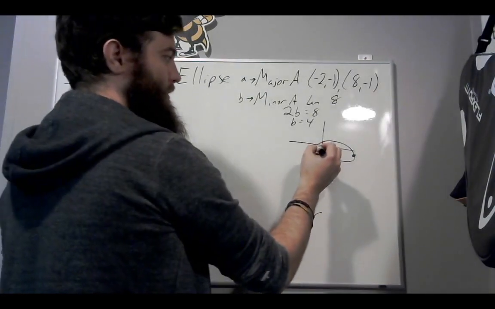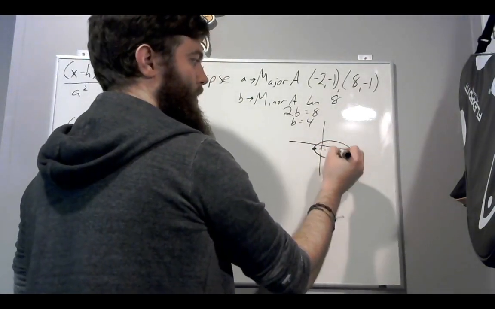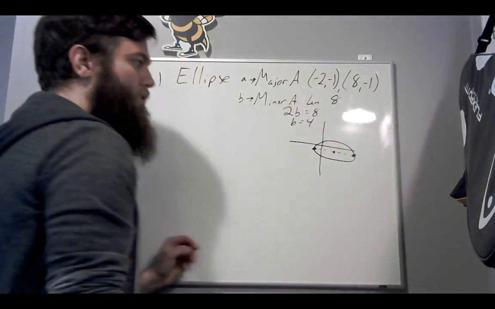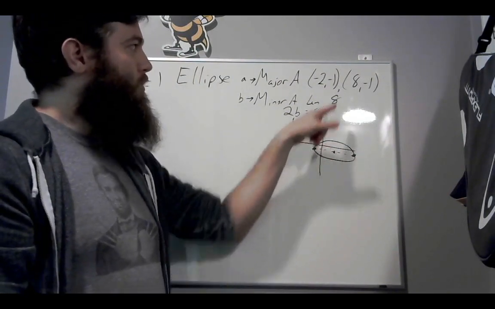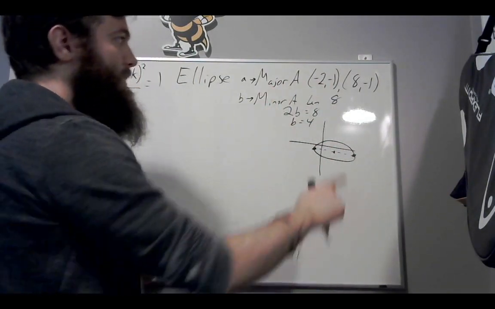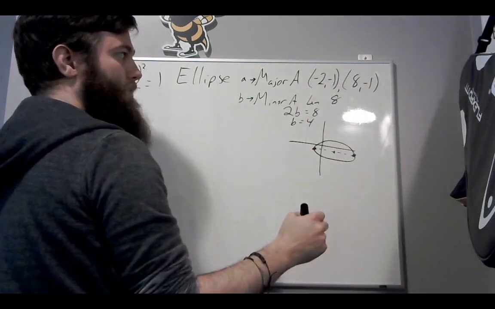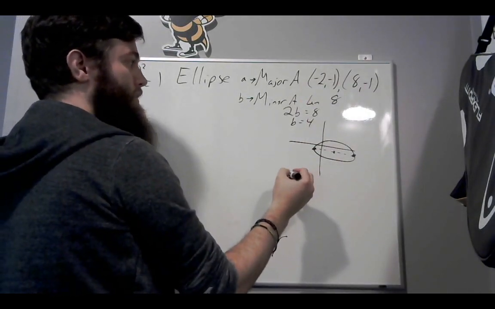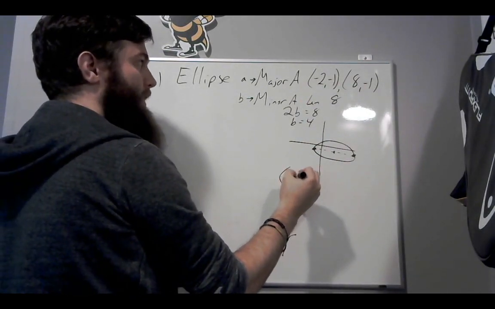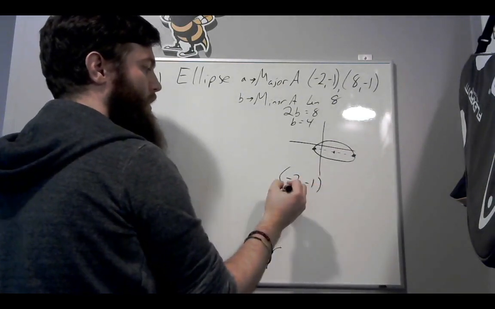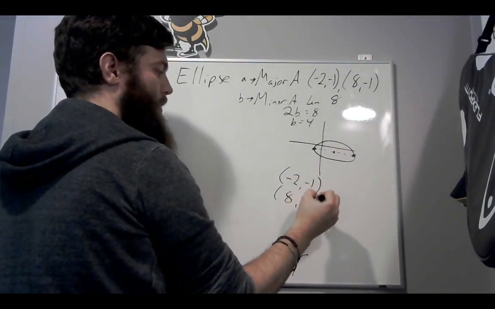We can find the center using this information. The best way to find the center is to look at these major axis endpoints. I'm trying to find the middle between -2, -1 and 8, -1.